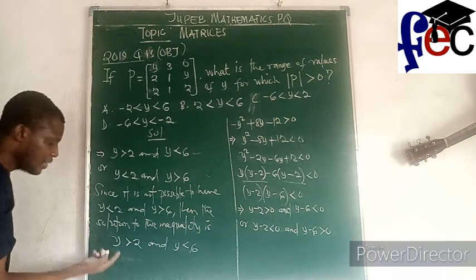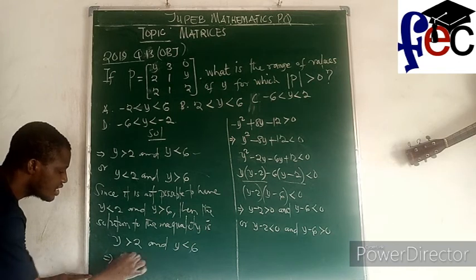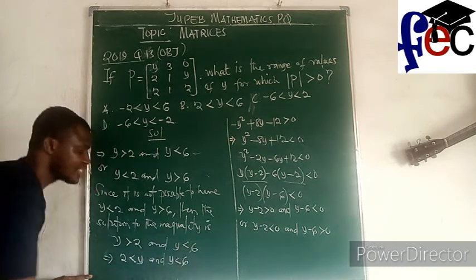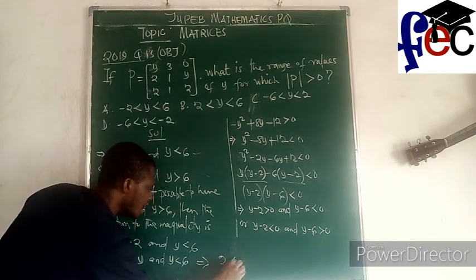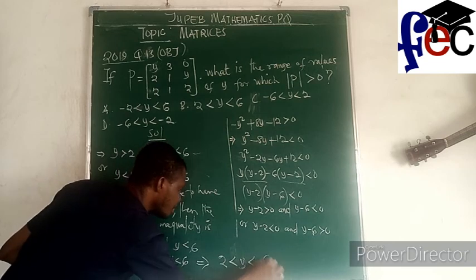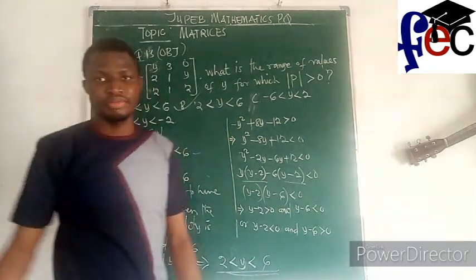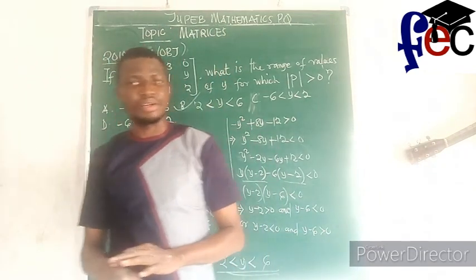So what does that mean? Rewrite this. It means 2 is less than y and y is less than 6. Match them. Do you see it now? That's option B.